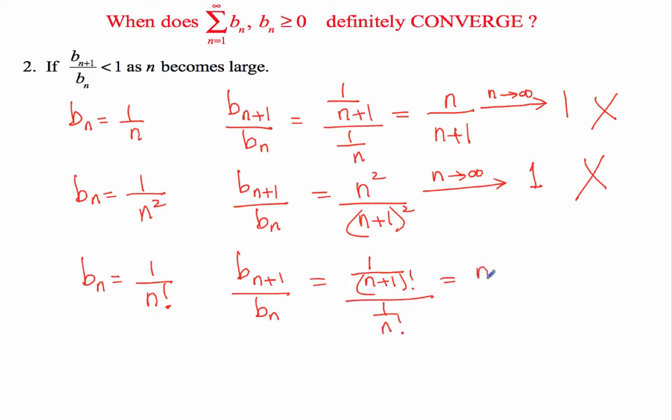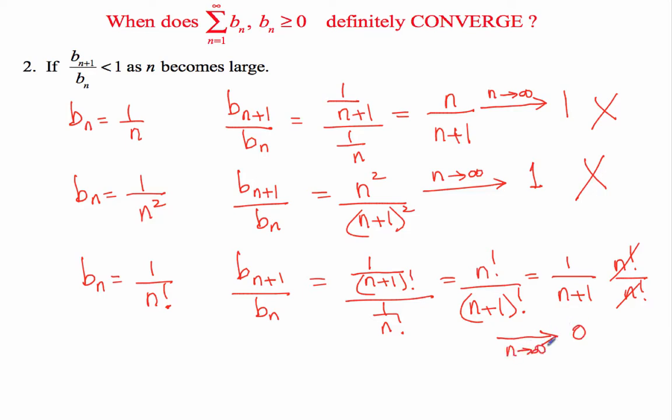So that makes it n factorial divided by n plus 1 factorial, which is of course 1 over n plus 1 times n factorial divided by n factorial, and that's just 1 over n plus 1. Certainly, that goes to 0 as n tends to infinity. And so, yes, Bn plus 1 over Bn is less than 1. This is telling us that the series 1 over n factorial converges.